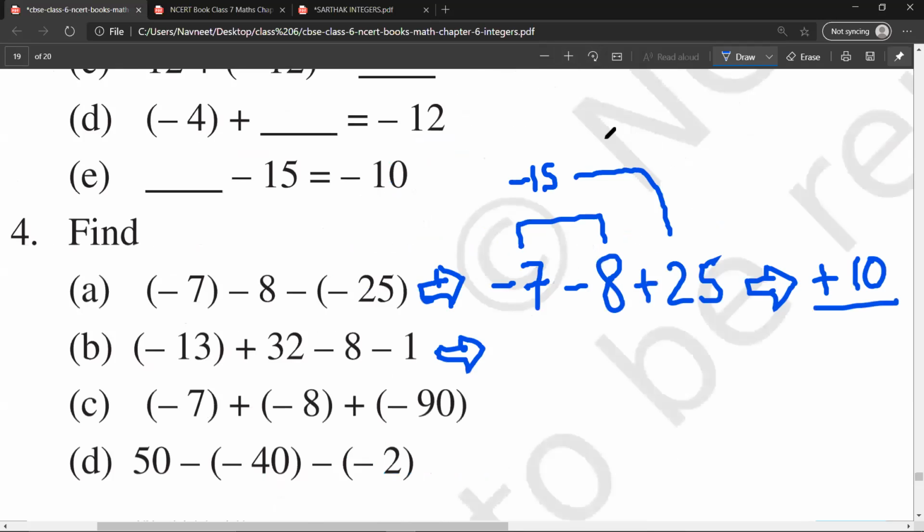Minus 13, plus 32. What will be my final answer?